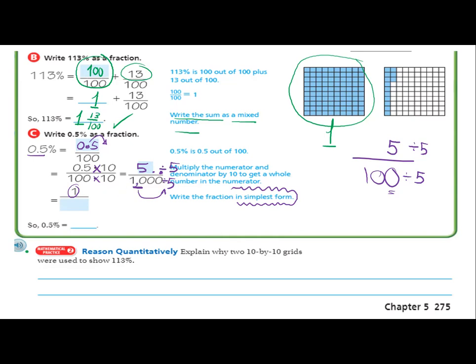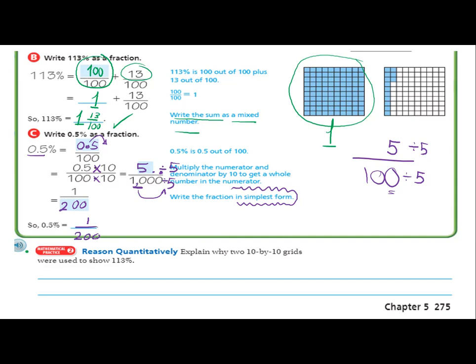Focus, please. I divide. 10 divided by 5 equals 2, that's right. 200, yes, this is the answer. The final answer is 1 over what? 200.